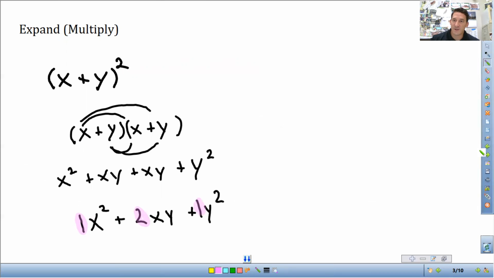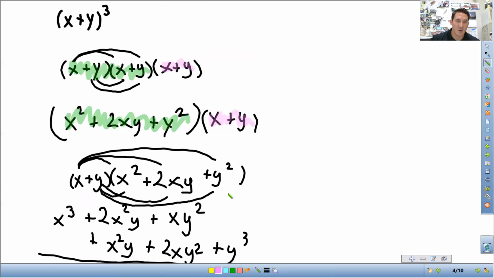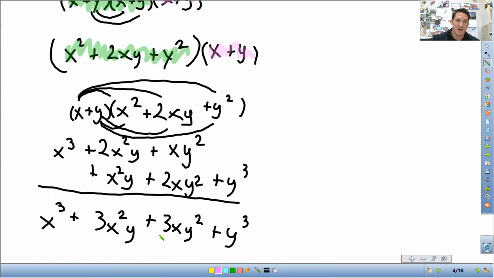Take a look at the coefficients for x plus y cubed all the way at the bottom here. If I put them in, it's 1, 3, 3, 1.